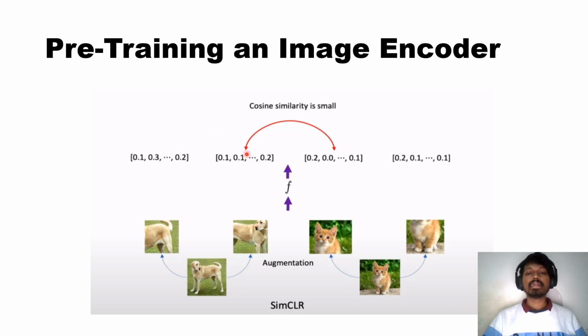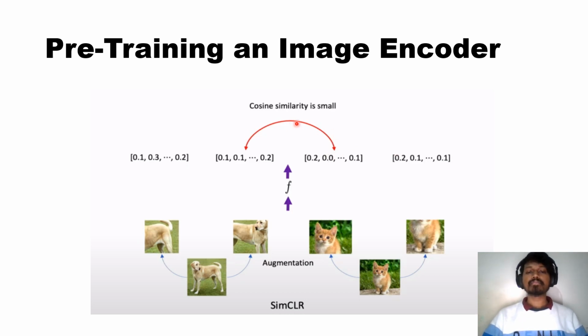The cosine similarity between these two feature vectors will be very large, which basically means their direction is basically the same. So the algorithm says these two are so similar they need to be in the same bucket or the same category. The same can be said about these two cat images.